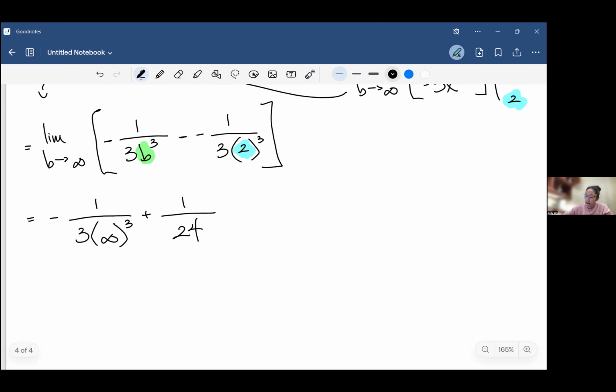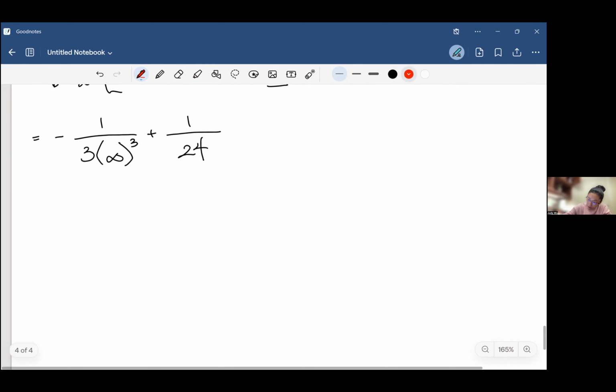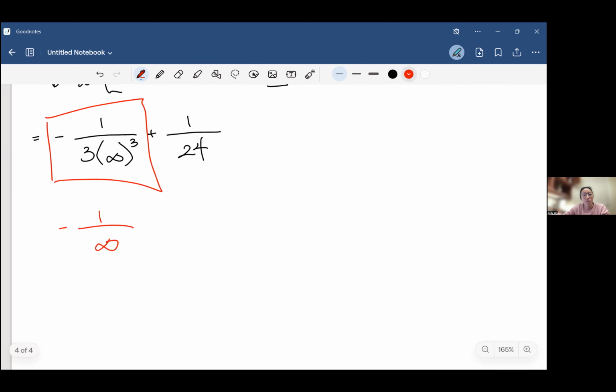Okay. Now this is the part where we have to think about what happens when we plug in our number. And if we remember from the lecture, and again, if you don't remember, that's okay, but I would go back and watch that part again. This is really saying 1 over a really, really big number, which mathematically is the same as saying 0.